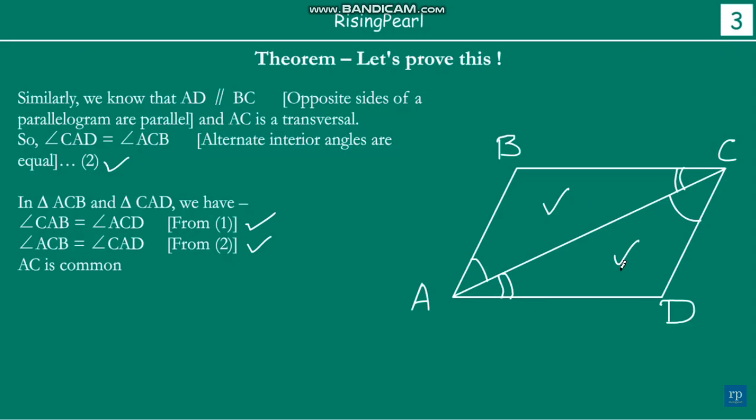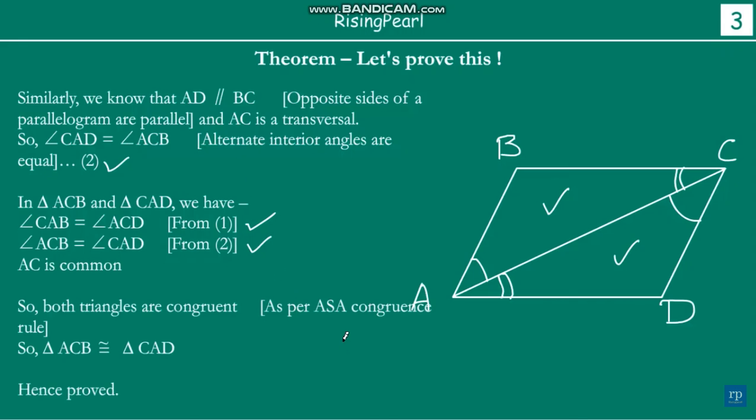Then by ASA, angle side angle, the property says these two triangles are congruent. So as per the ASA congruence rule, triangle ACB is congruent to triangle CAD. Hence we can prove angle ACB is congruent to angle CAD. These are the two triangles formed in a parallelogram.